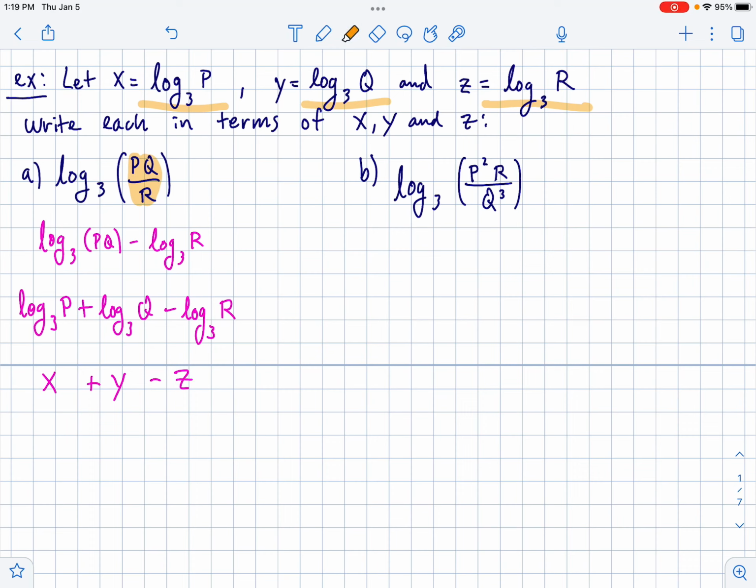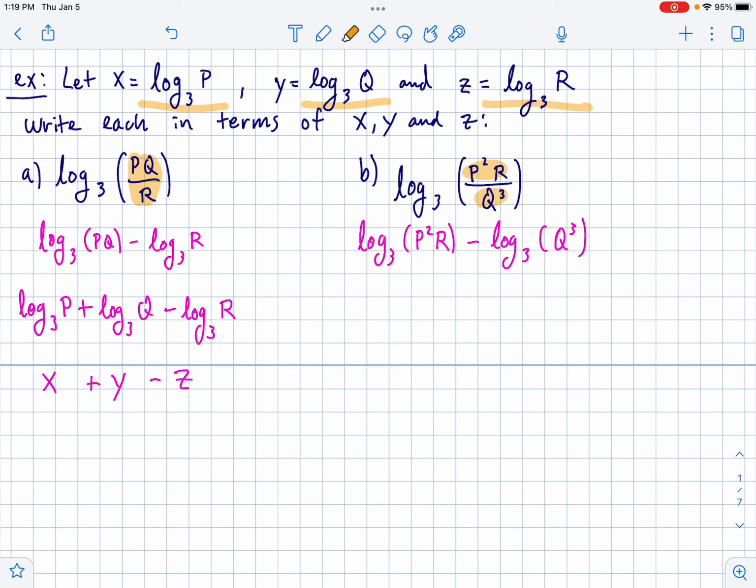Same thing over here. I'm just going to start breaking apart things. The first thing is I'll handle the division, which turns into subtraction. So we get log base 3 of p squared r minus log base 3 of q cubed.